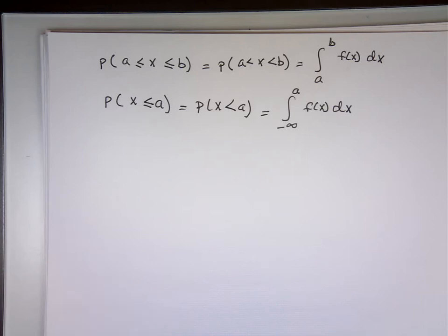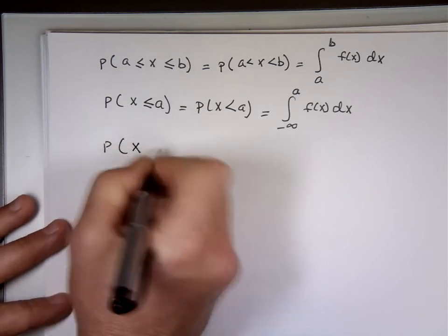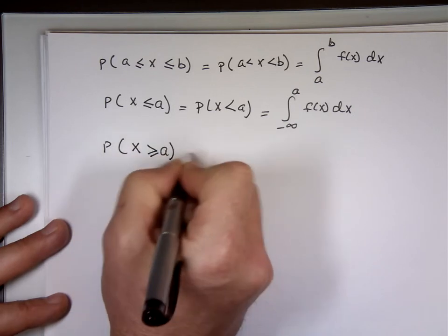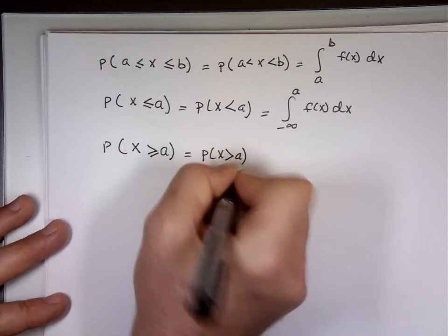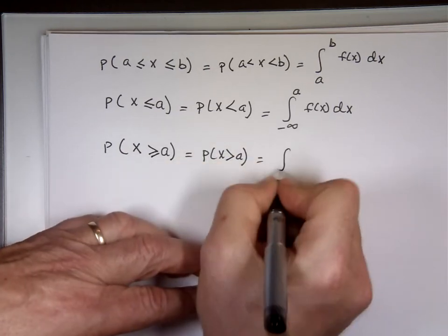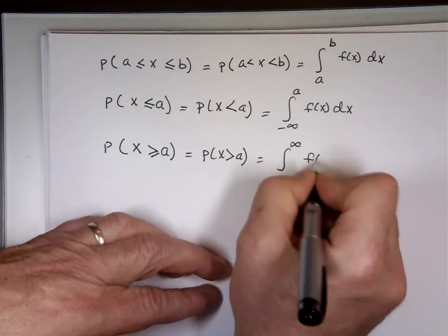If you want to find the probability that x is greater than or equal to A, you're going from where to where? From A to infinity of f of x dx.